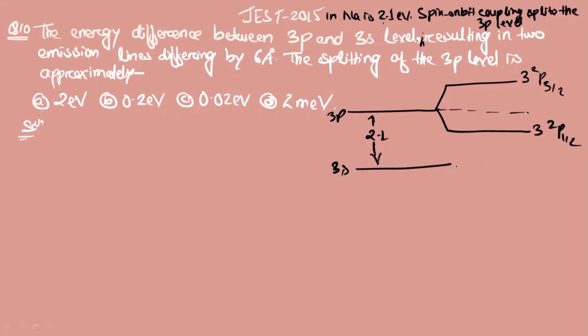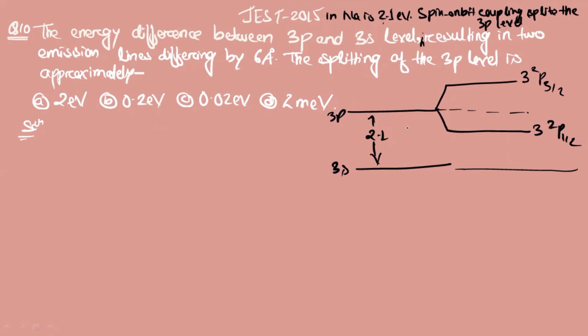This is how it is done. Okay, so the splitting of the 3p level is approximately what? And here it is said resulting in emission lines differing by how much? Their difference is given to you, 6 Angstrom. The splitting of the 3p level will be approximately equal to what? So this is what you will have to calculate.